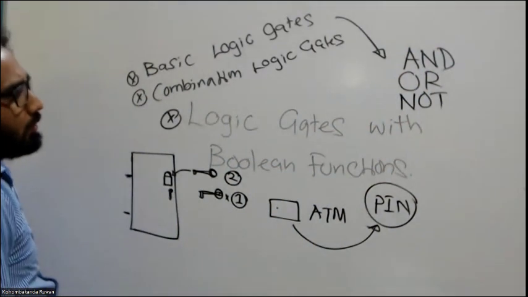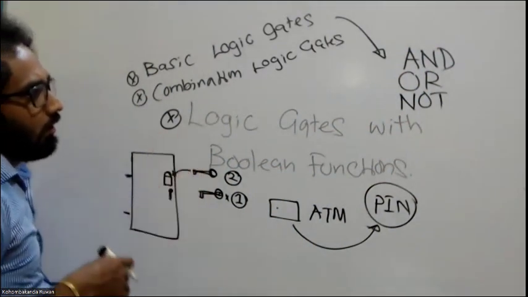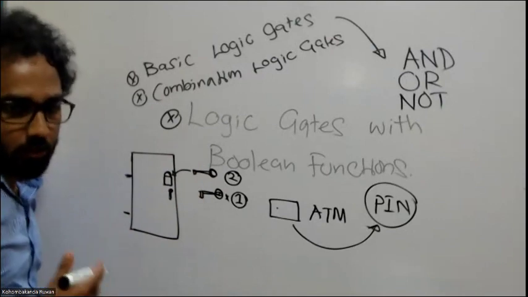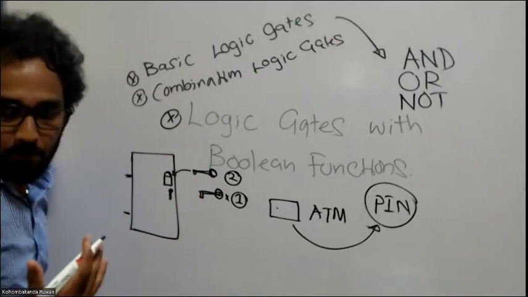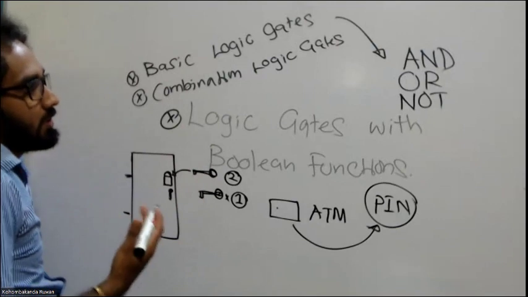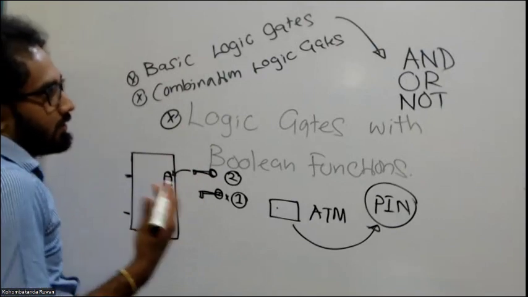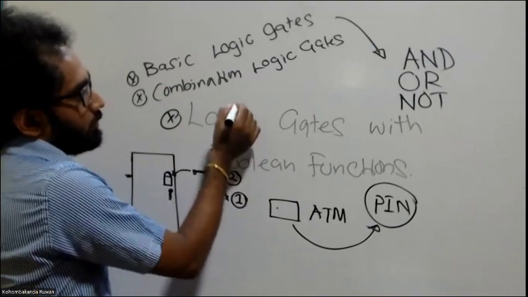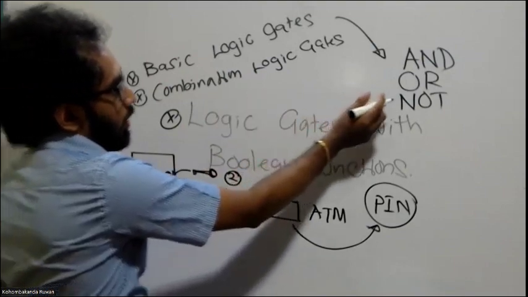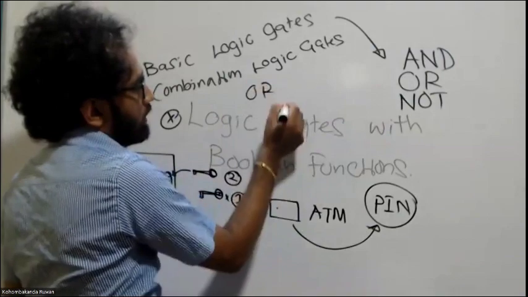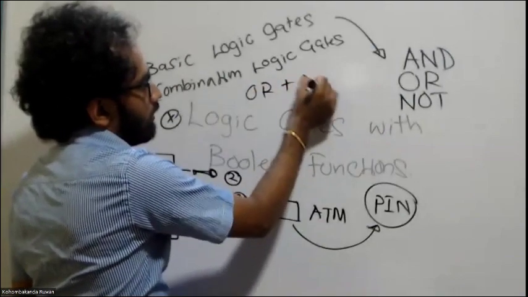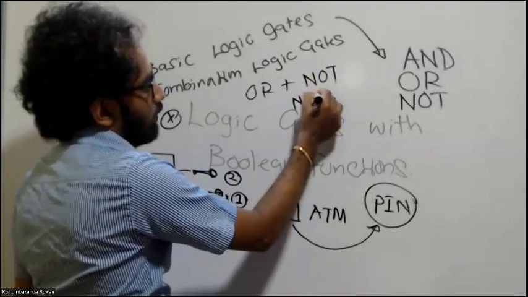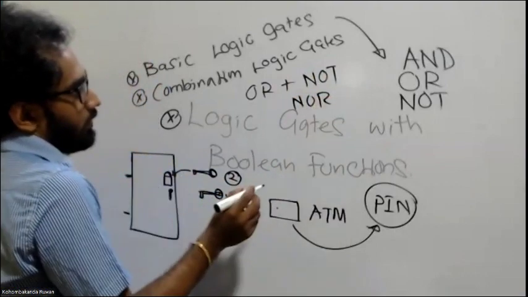What do you mean by combinations of logic gates? Combinations mean the addition of two or more gates. Assume that you use the OR logic gate with the NOT logic gate: NOR.